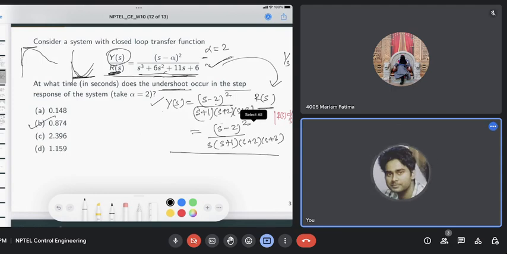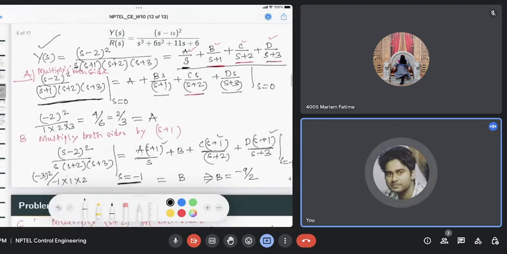Okay, just to recollect, this idea is very simple. We will just find the response of the system. The response of the system for a unit step, we can easily find that and take the inverse Laplace transform. So we just had this partial fraction expansion just to find this inverse Laplace transform and nothing else.